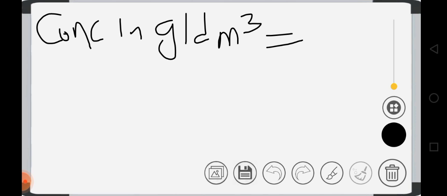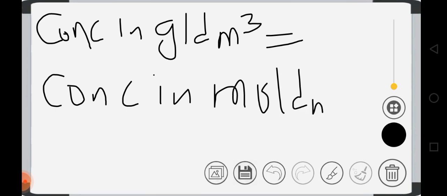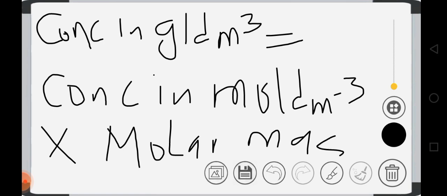Concentration in grams per dm cube is equal to concentration in mole per dm cube times molar mass. Take note of this. It's very, very important. Concentration in grams per dm cube is equal to concentration in mole per dm cube times molar mass. That is very, very important.